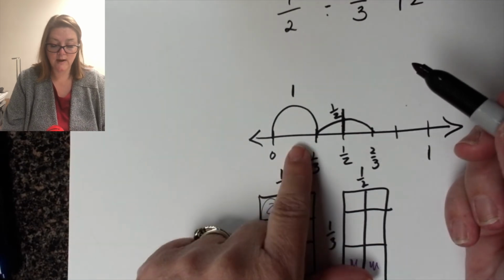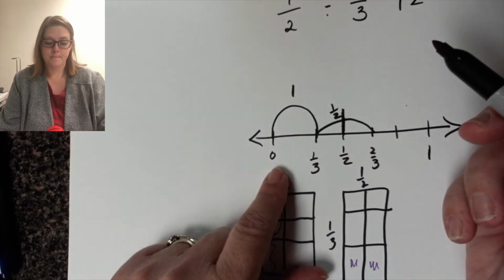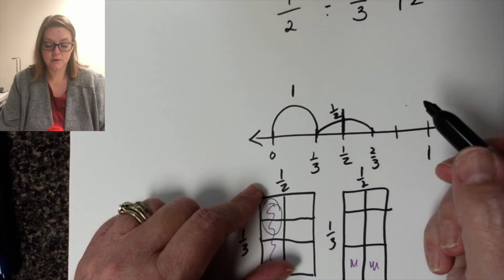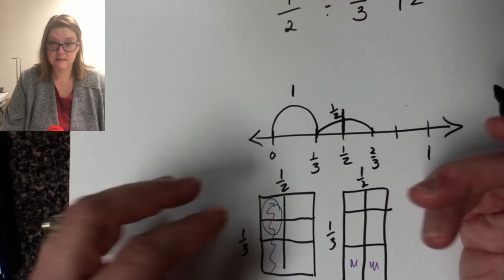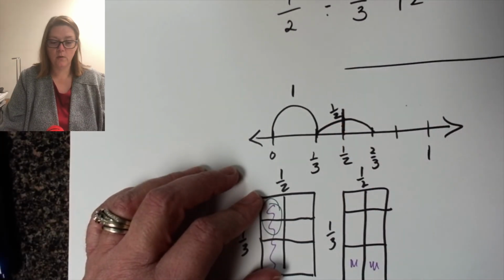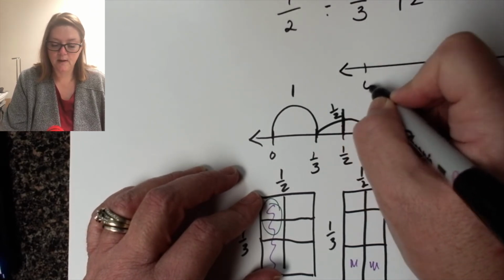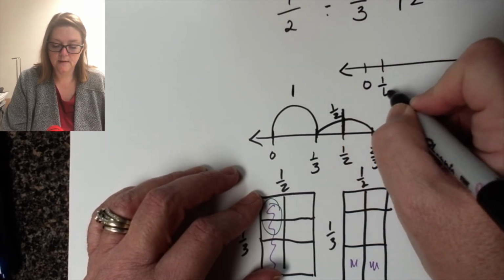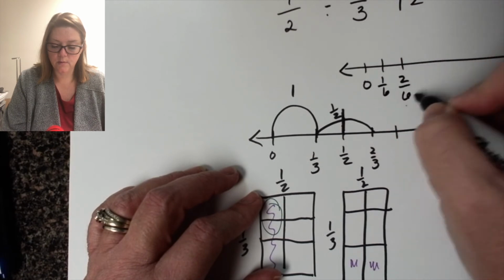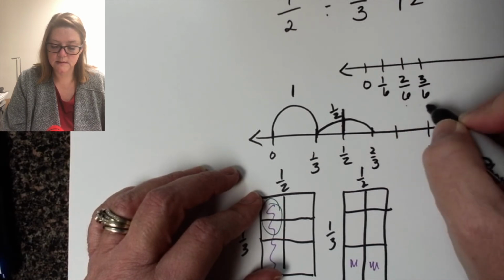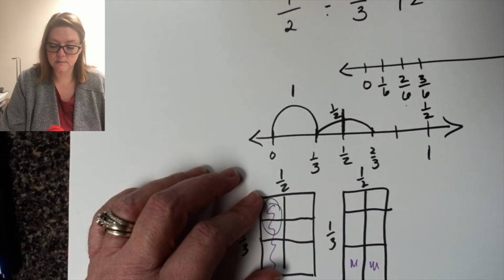Or if I look at it with smaller chunks, because I broke this up into 6s, again like we did before. This is 0, and this is 1/6, 2/6, 3/6, which we know is a half.